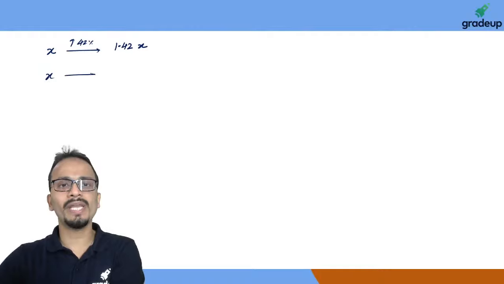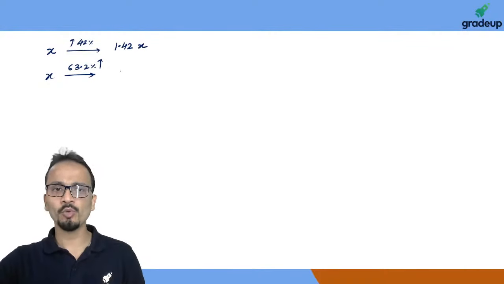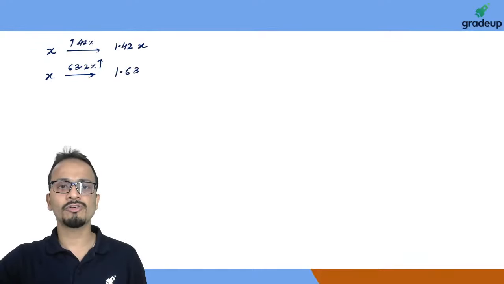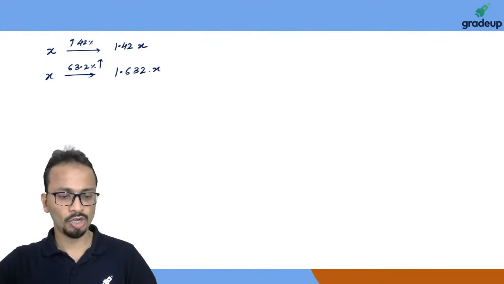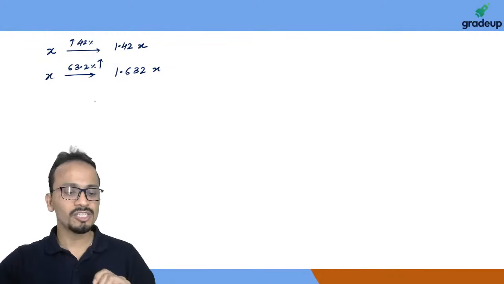Again, x when increased by, let's say, 63.2 percentage. Carefully, 63.2 divided by 100 will be 0.632. We'll add 1 to it, so 1.632x.